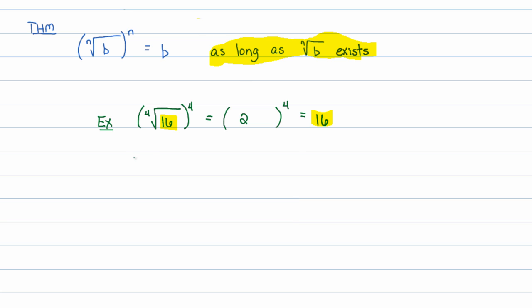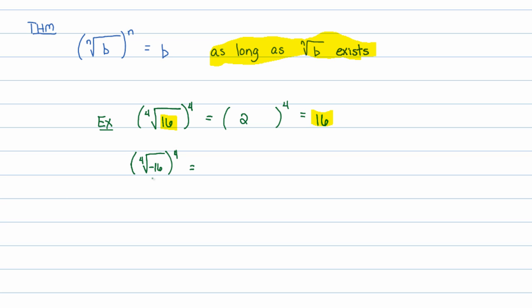But be very, very careful, because if I asked you what the fourth root of negative 16 to the fourth power is, well, that does not equal a negative 16. And in fact, it doesn't really equal anything, because we can't take the fourth root of a negative 16. The fourth root of a negative 16 for us right now does not exist.